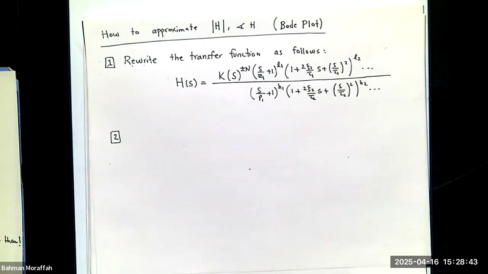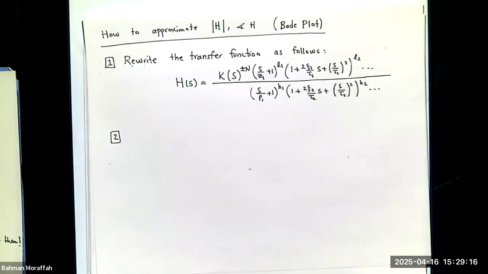And why is that important for us to know where the zeros and poles are? Because I know if I want to approximate, the only time that I have a change would be at the zeros or the poles. Otherwise, I'm not going to have any change. Remember the breaking points? The breaking points only happen at either zeros or the poles. So as soon as I determine what those are, I know exactly where these slopes are changing.